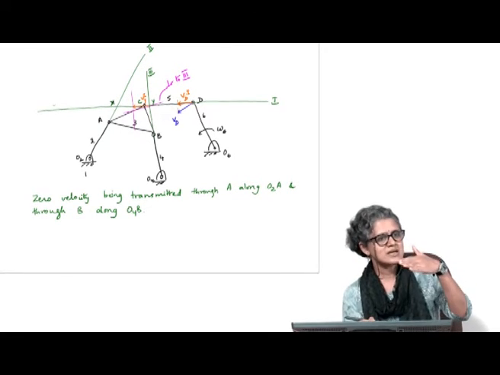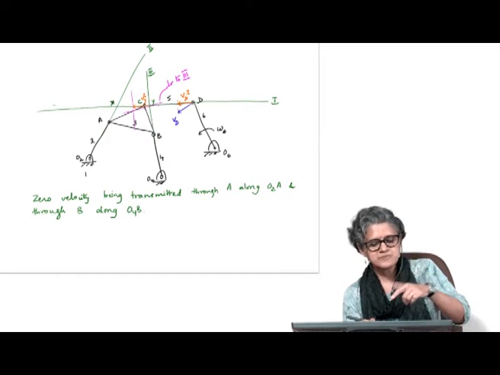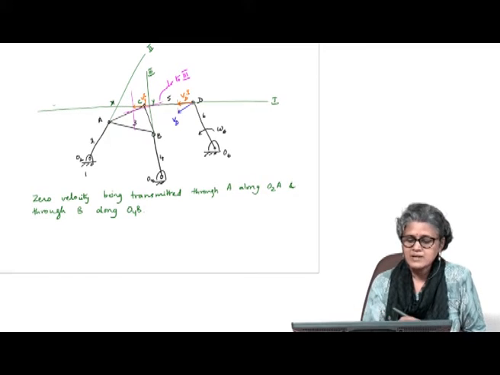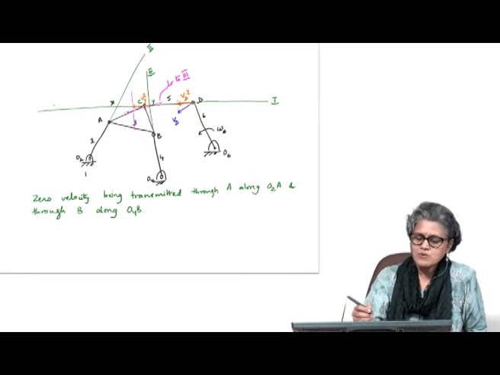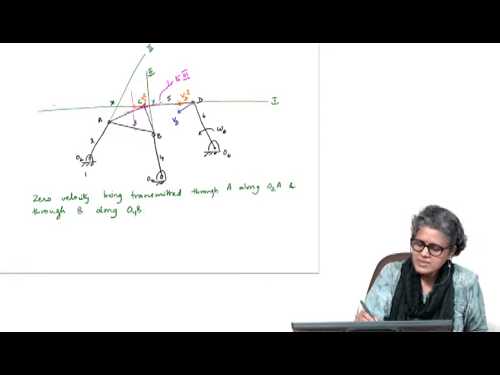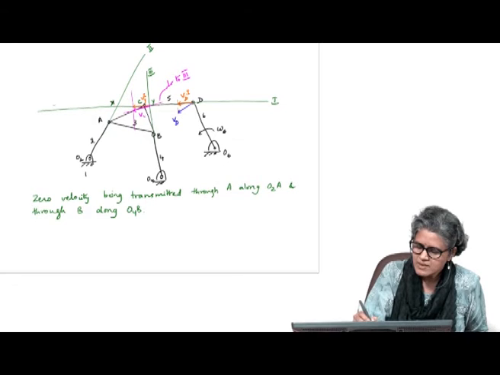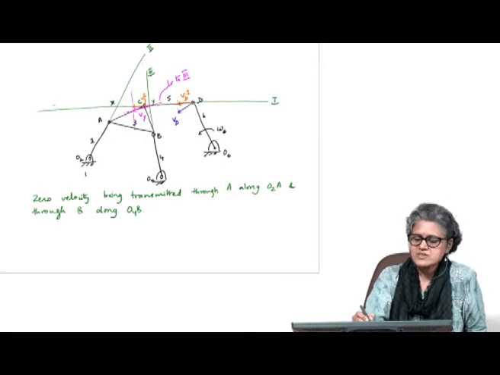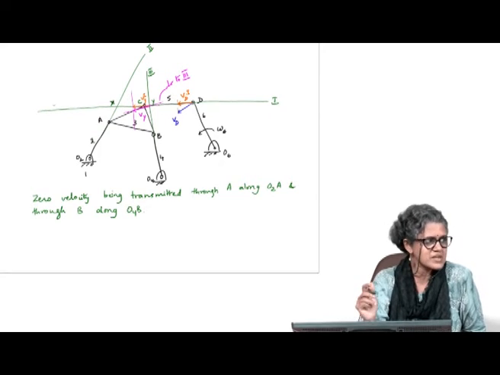It means the absolute velocity is necessarily perpendicular to that line. So that now completely defines it. Wherever it intersects this other perpendicular, this gives me the velocity of Y. Because this is perpendicular to this, the component along 3 is 0, which is what is being transmitted.